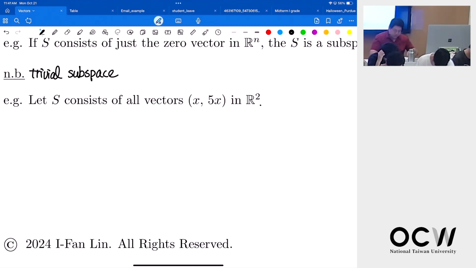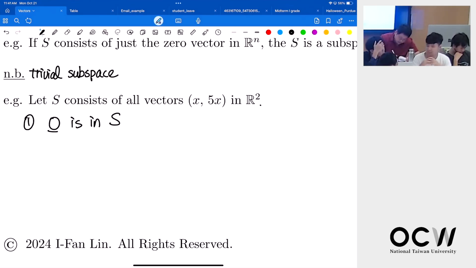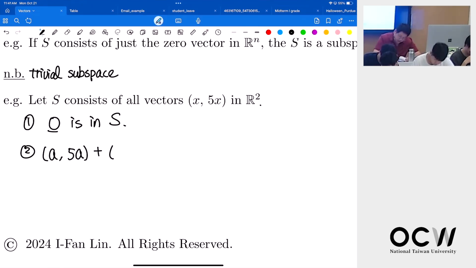So first, is 0 in S? Yes, because if I put x as 0, then I have 0, 0. So 0 is in S. And how about the second one? Two vectors. If I sum two vectors, the first vector I say A, 5A, and the second vector B, 5B.